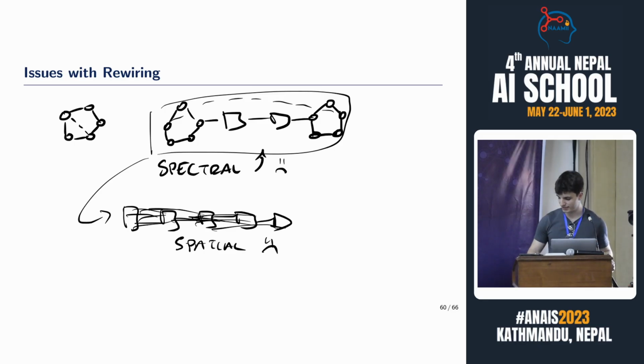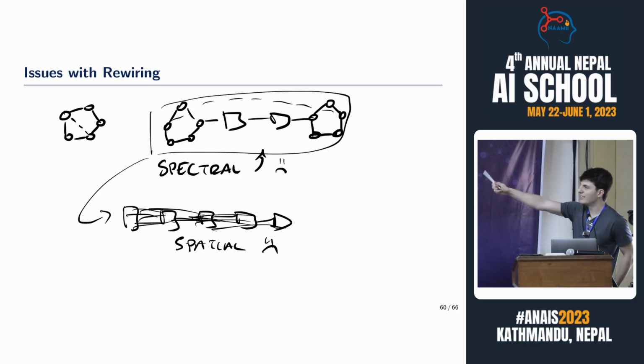The flip side is, let's say I have this massive molecule here. So let me just draw a square. And let's say I'm a transformer now, and so this is a spatial rewiring. Then what I'll do is connect everything with everything, yeah? So this is spatial. In some sense, both are bad, right?